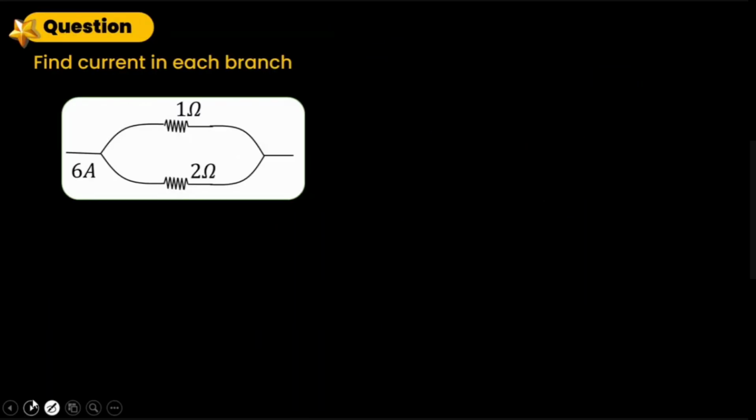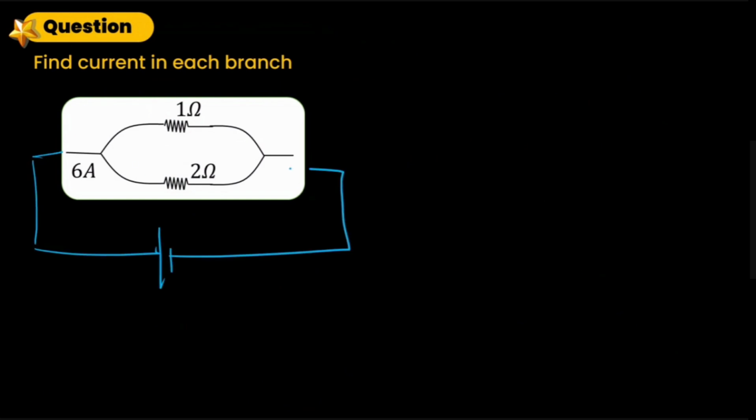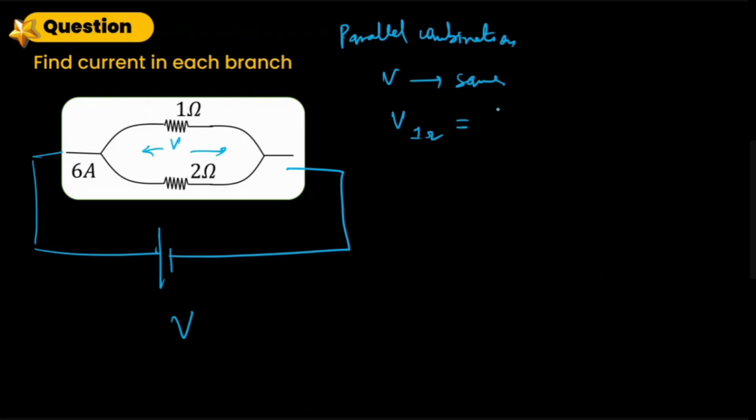All right. We have to find the current in each branch, assuming that the batteries are connected. The potential across the resistors must be equal, because this is what we learned: in parallel combination potential remains same. So it must be same for the 1 ohm resistor and for the 2 ohm resistor.